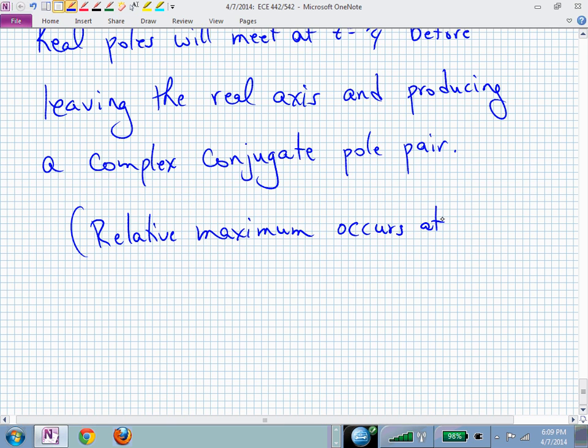And in root locus terminology, we call that point where they leave the real line, so they kiss, now they have to break away, a breakaway point. At the relative maximum, that's called a breakaway point in the root locus terminology. So a relative maximum occurs at the breakaway point.